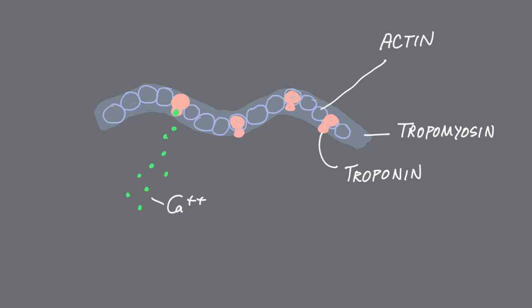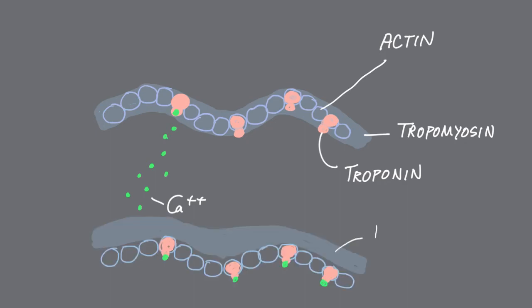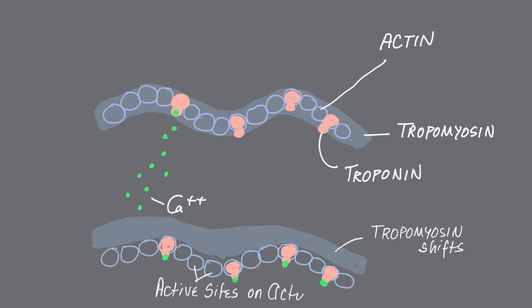So when calcium presses the button, which is troponin, it shifts the tropomyosin, which is what we see here. The tropomyosin has been shifted from its default position, and now it completely exposes the active sites on the actin. Now, these active sites are important because this is how the myosin makes contact with the actin.